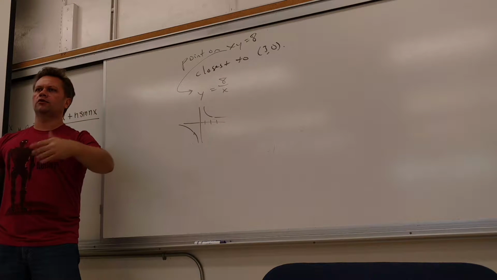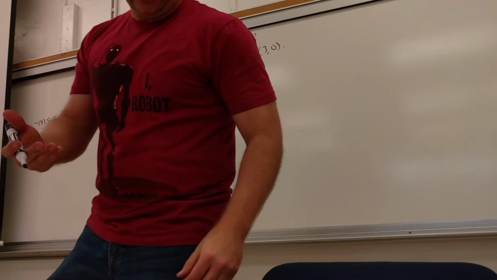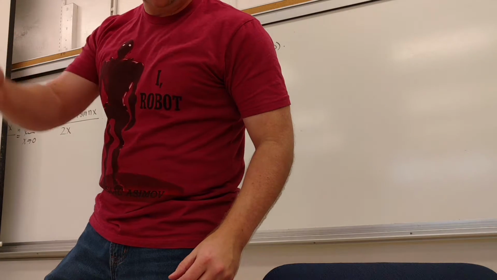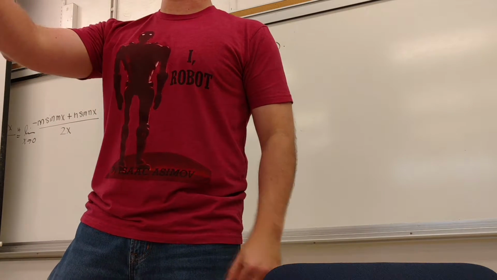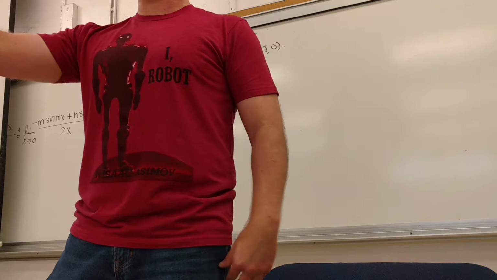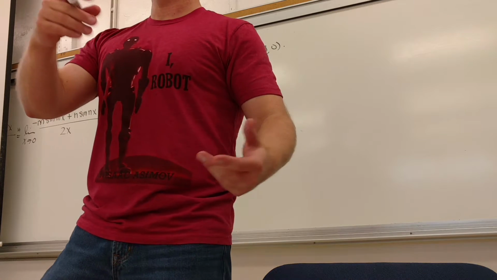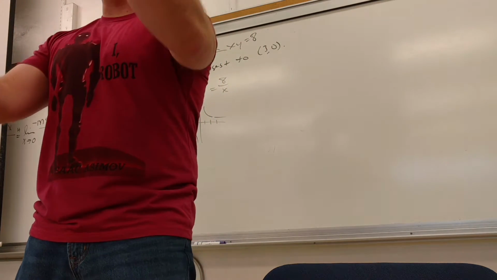So what is it I'm trying to do? This is some kind of an optimization problem. Find the point that is closest to the point (3, 0). So how can you put that in the form of minimize or maximize the blank? Distance equals square root. So if I want to get closest to something, I want to minimize the distance.